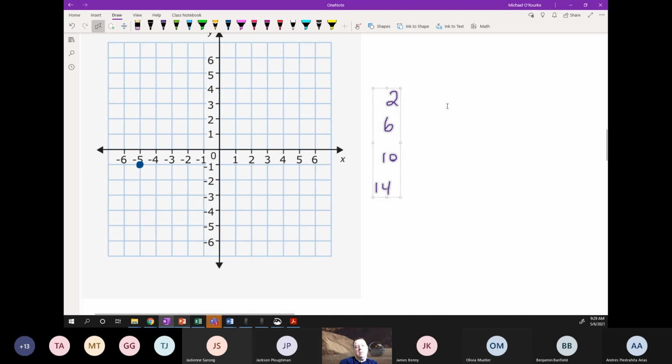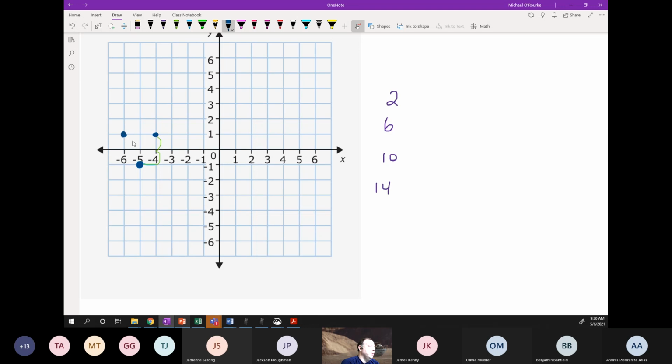So now, to use my step pattern, I'm going to go over, my first step is 2. That means I'm going to go over 1, up 2. And that's where I'm going to put my first dot. So I'm going to put a dot there, over 1, up 2.